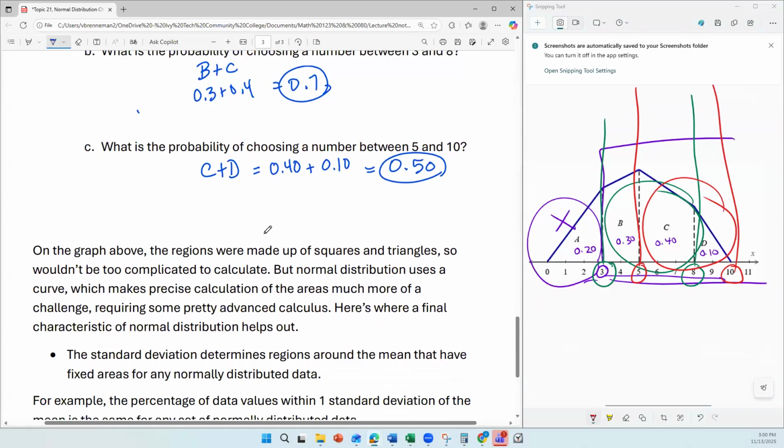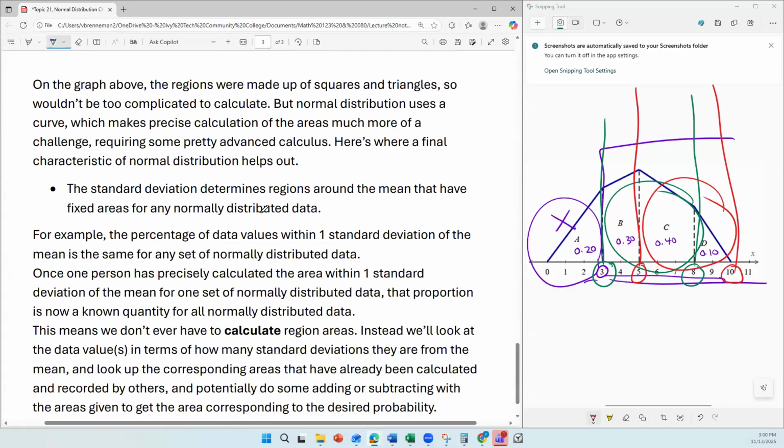So then the final characteristic of normal distribution is that if the standard deviation is used as a scale to divide up the normal distribution curve, so we have the mean in the center, and if we go one standard deviation, there's actually, when it's normal distribution, a specific part of the area when you count by standard deviations.